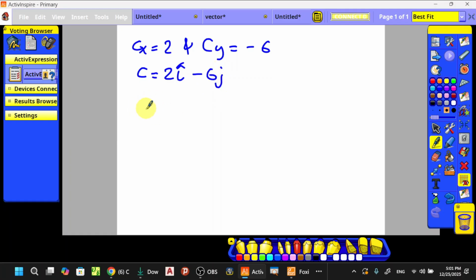Then the unit vector is, as I told you, c over the magnitude of c.